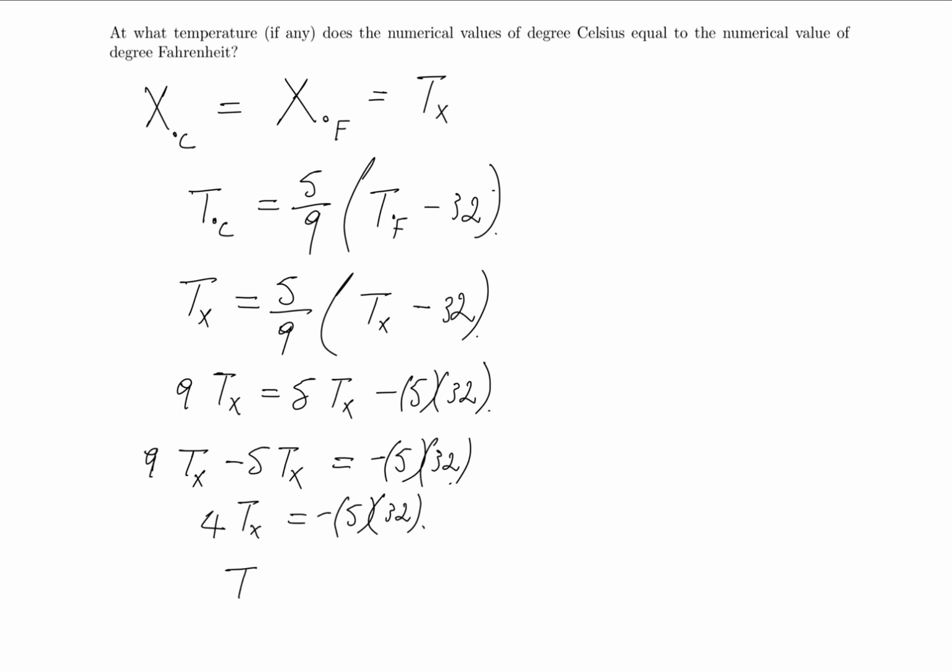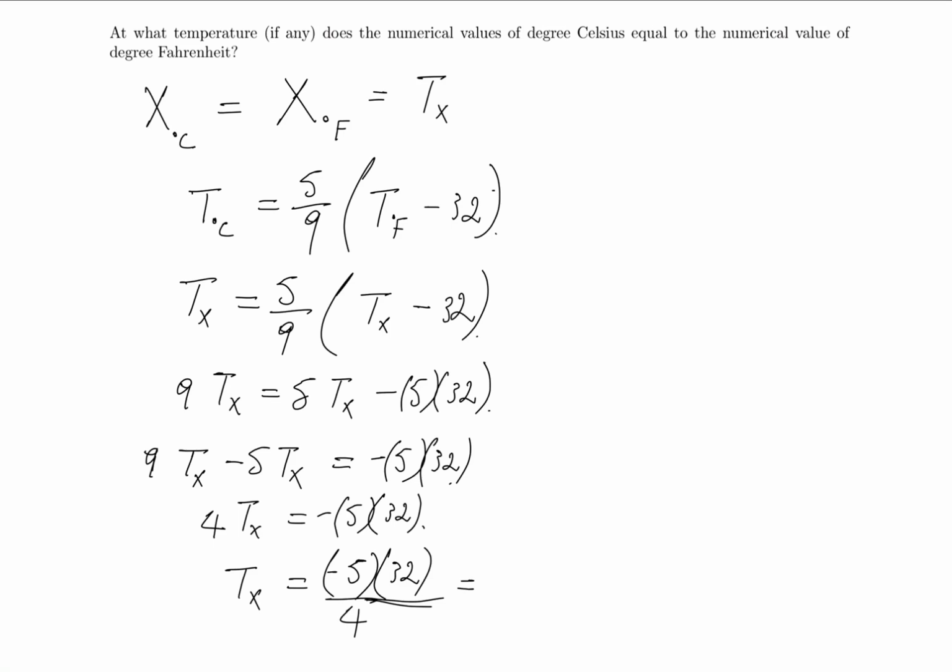And this gives us that Tx, again, here it's the numerical value, is going to be minus 5 times 32 divided by 4. And this is what we would obtain.